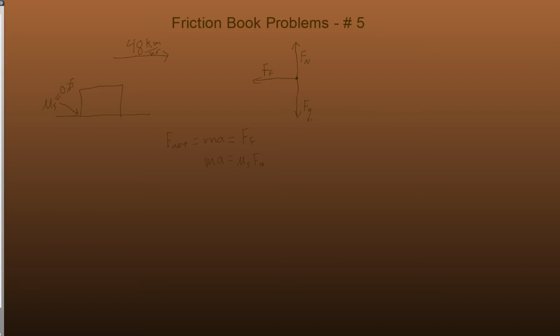Alright, so what is the weight? The weight is mg. We typically don't actually want to write this over here on the free body diagram, so we'll just substitute it here. So the normal force is just the weight, and the weight is m times g. And something nice happens. So we essentially got ma equals mu s mg.